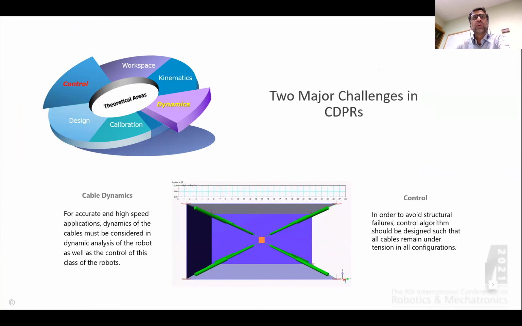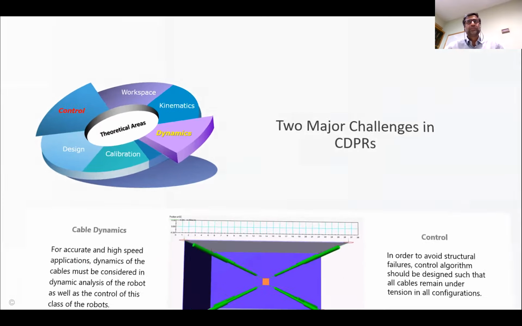As we know, for accurate and higher speed applications, the dynamics of the cable must be considered in dynamic analysis and control of such robots as well. Furthermore, in order to avoid structural failures, the control algorithm should be designed such that all cables remain under tension in all configurations.